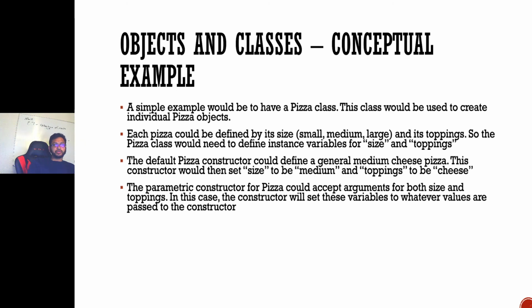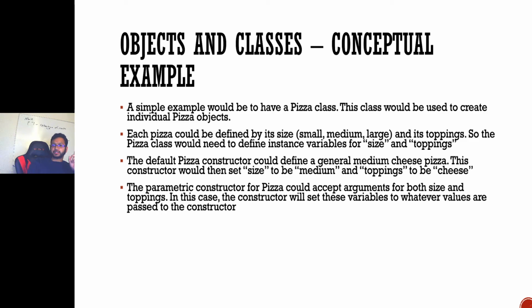Now, moving forward, previously, we went over a simple example using classes, which was using the pizza objects. Each pizza was defined by small, medium, or large, as well as had different topping sizes. So for the default constructor, we set it to be a size of medium with topping of cheese.